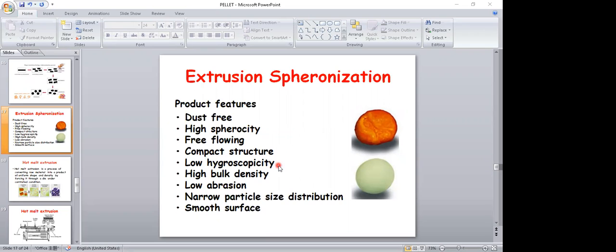They are low hygroscopic in nature. They show high bulk density, low abrasion, narrow particle size distribution, and a smooth surface. So these are all the features of the pellets which we obtain by the extrusion and spheronization technique.